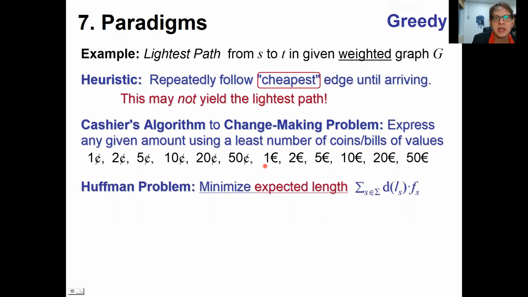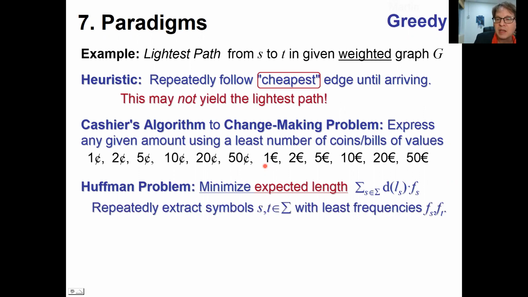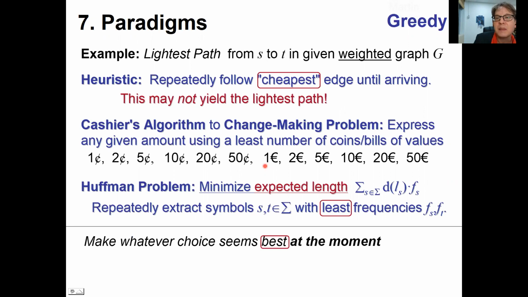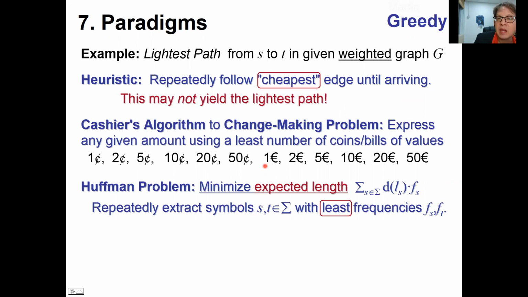Another example for a greedy algorithm is the one we've encountered, the Huffman tree construction, which is also a minimization problem. And here the algorithm, recall, would repeatedly extract symbols with least frequencies and then combine them to a larger symbol. And that's also kind of a greedy or naive or straightforward choice.